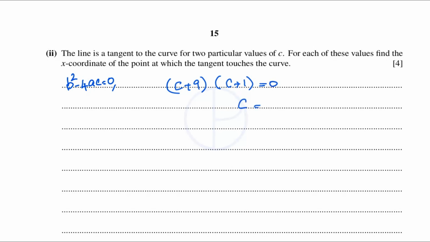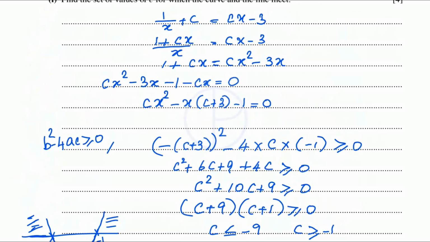So c is equal to -1 or -9. For these two particular values of c, the line is a tangent. So when c is -1, substitute here.